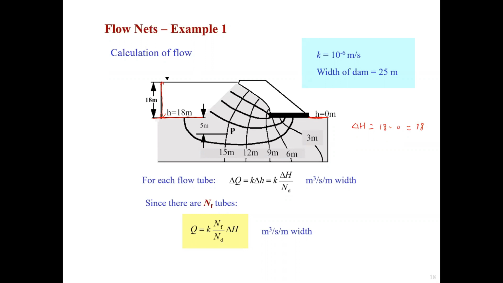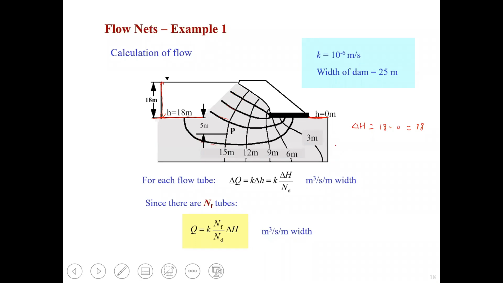The delta H means the head drop on each equipotential line, and then we are able to get the value. For this case, the flow net has been provided in the chart. Obviously those are the flow lines, and that's the equipotential line.